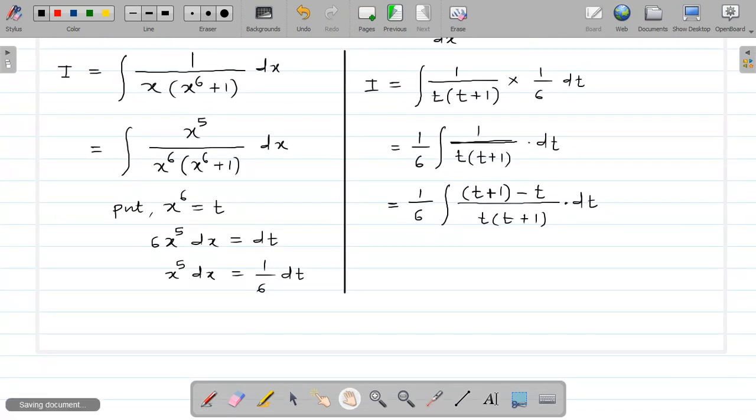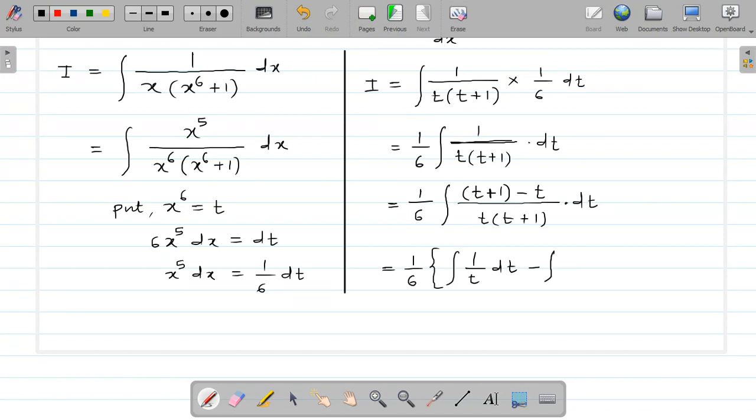Now if you take the separate denominator of this integration, then what will you get? See, 1 upon 6 is the common multiple. Now take the separate denominator here. So t plus 1 upon t into t plus 1 gives the integration of 1 upon t. See here carefully, take the separate denominator as well as the separate integration. Okay, so t plus 1 upon t into t plus 1 means 1 upon t, then minus integration.